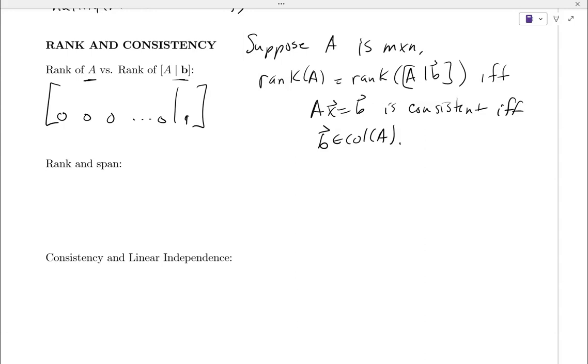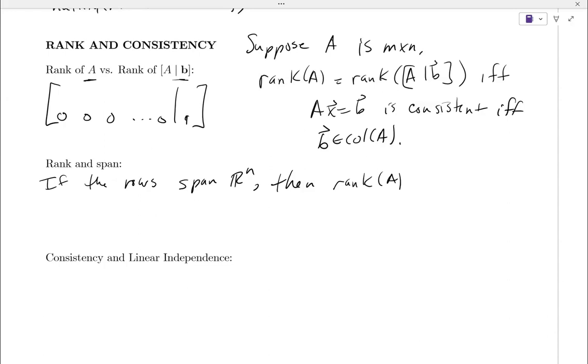So if your rows span Rn, so remember your row vectors are in Rn, then what can you say about the rank of A related to the size of A? What does the rank have to be? You just told me that it's going to span everything. We need a pivot in every row.